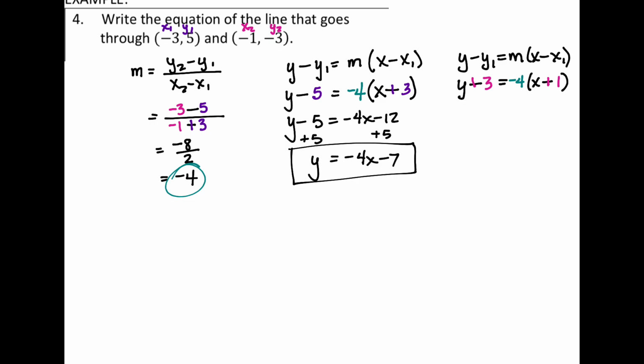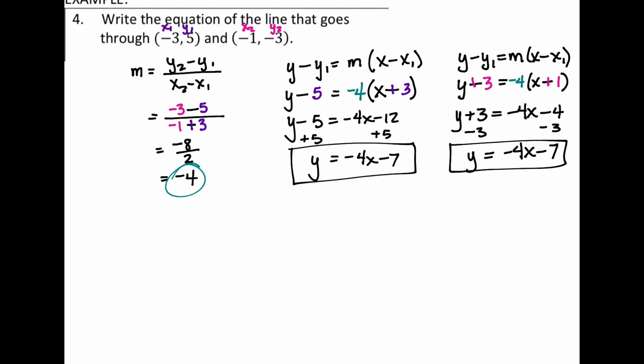Okay, distribute the 4. So we get y add 3 is equal to negative 4x minus 4, and get y by itself. We end up with y is equal to negative 4x minus 7.